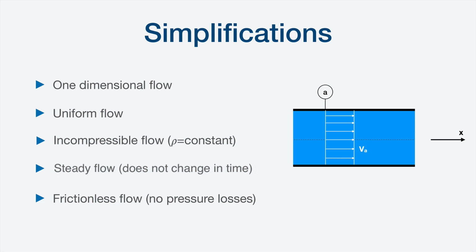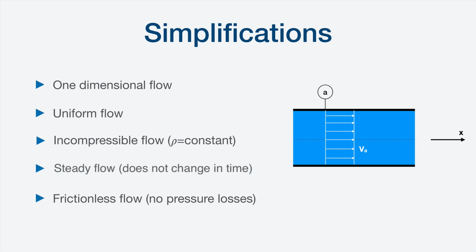And the last one is applicable only to the case we are dealing with today: the flow is ideal, non-viscous, frictionless. So there are no effects of viscosity, no pressure losses. It is an ideal flow. In practice, we will always have pressure losses.